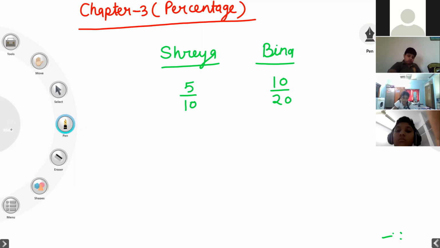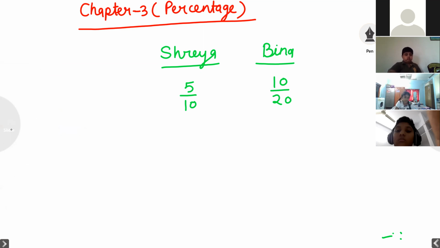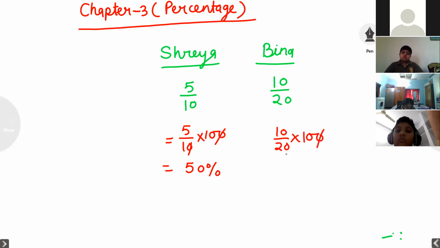How did both of you get equal percentage? 5 by 10 into 100, 10 10 cancel, 50%. Again for Beena, 10 by 20 into 100, 50%. Then both were shocked.